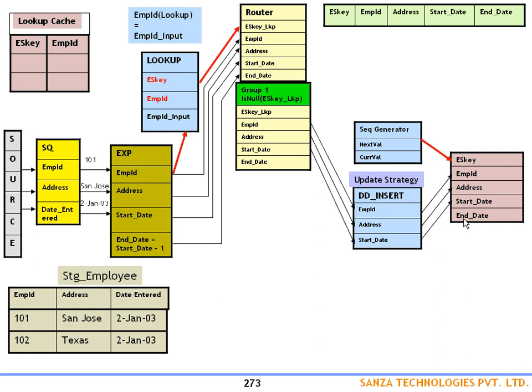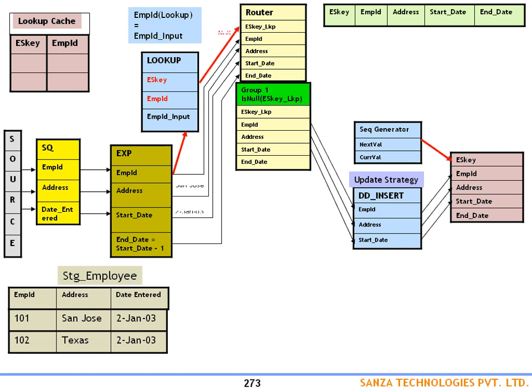Then Informatica processes one record at a time and goes to the expression transformation. 101 scans the cache, does not exist. So we have taken employee surrogate key, which returns a null value. The record does not exist; the condition failed, so employee surrogate key and employee ID coming from the lookup will have null value.